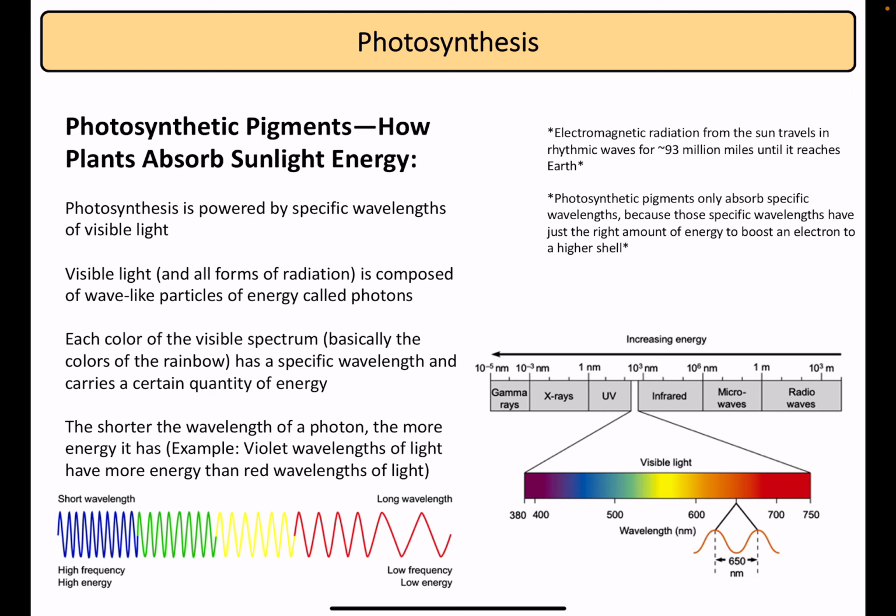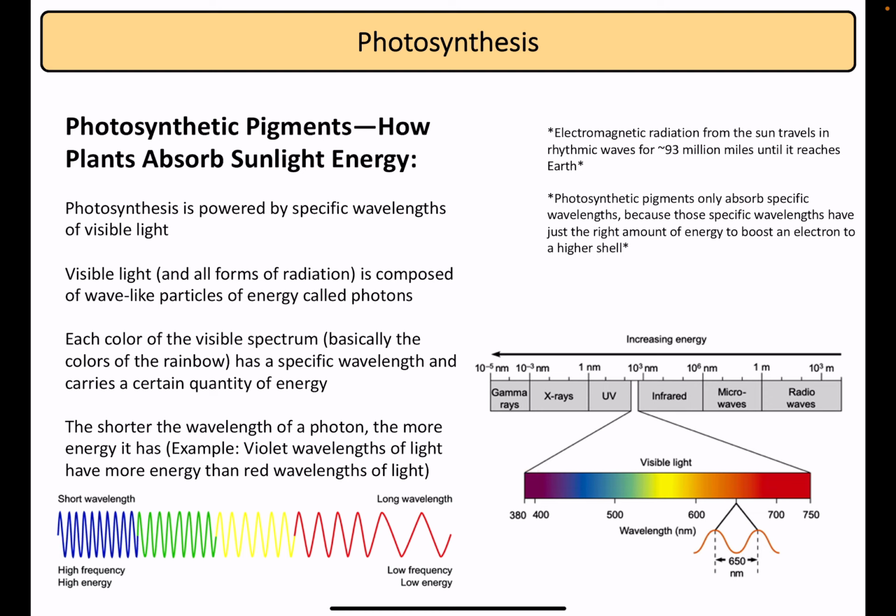As humans, we can see a certain portion of this type of energy, and that is visible light. Other forms of it are invisible to us, like for instance, microwaves, radio waves, gamma rays, X-rays, but those are all other forms of radiation as well. So we only have the ability to see a small sliver of radiation.